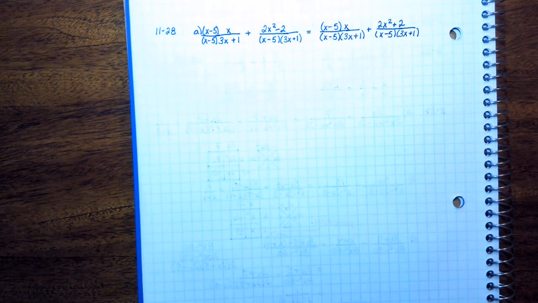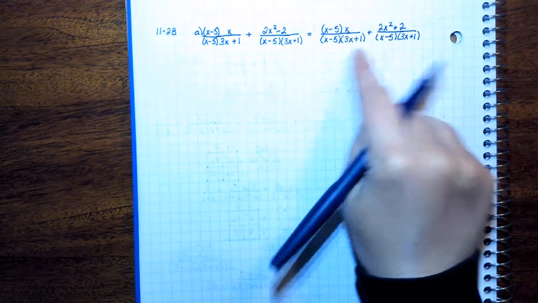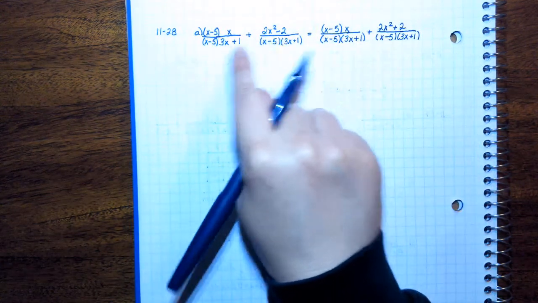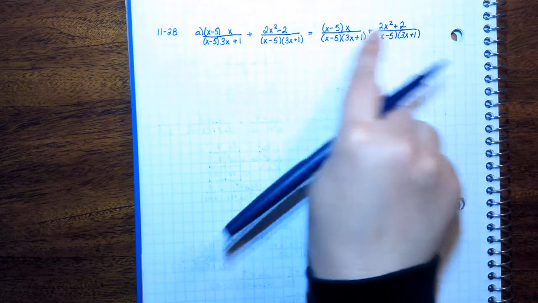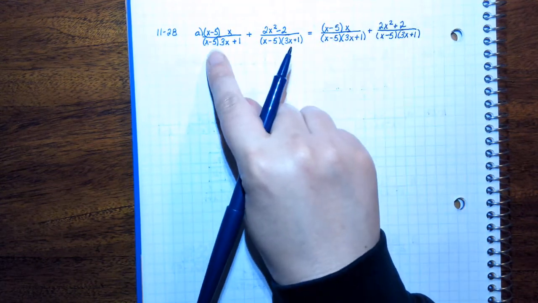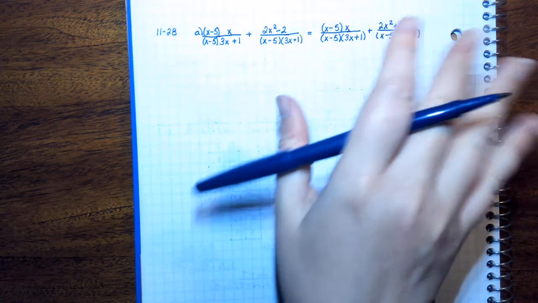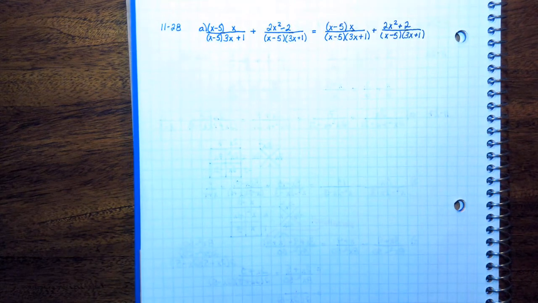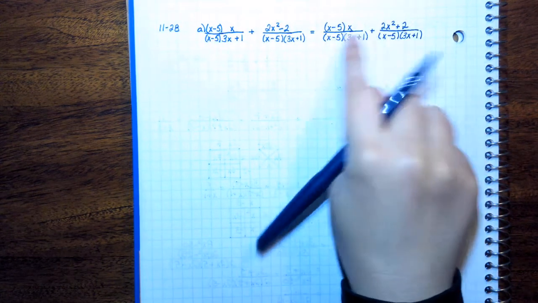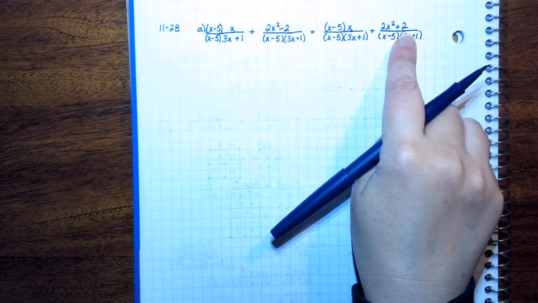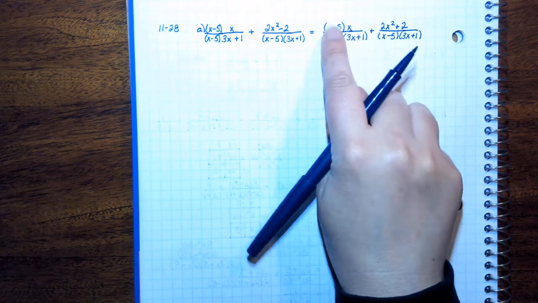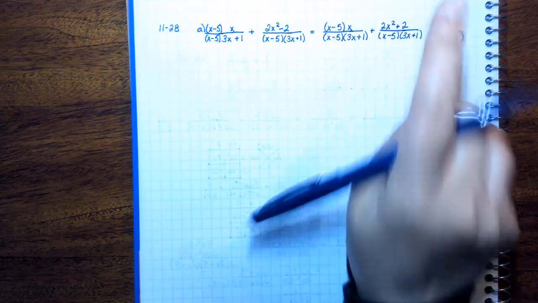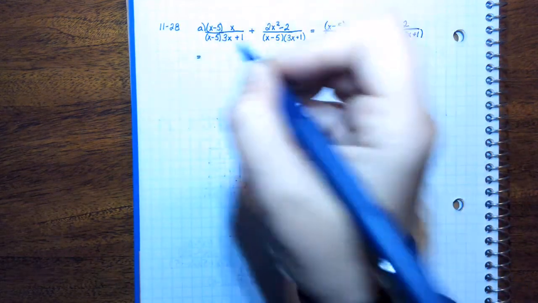Some of you out there are going to say, why did you just write that step again? That is exactly the same thing that you wrote over here. True. If I were doing this problem out, I would not have written this step again. I just want to show you very detailed because this is the first one we're doing without a common denominator. Now you're in the situation you were in number 27. Now you have a common denominator problem, and so you're going to add across the top and the bottom will stay the same.